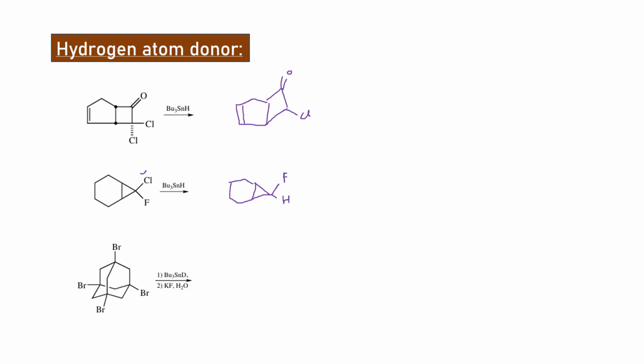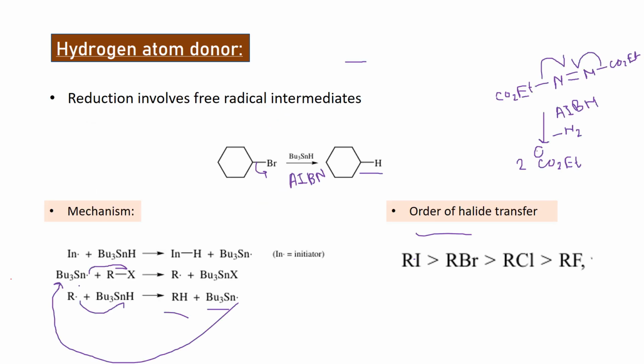Next is this one. Now you have to notice they have used Bu3SnD instead of H. So in this step, instead of Bu3SnH, Bu3SnD is there, so R dot will take deuterium instead of hydrogen.